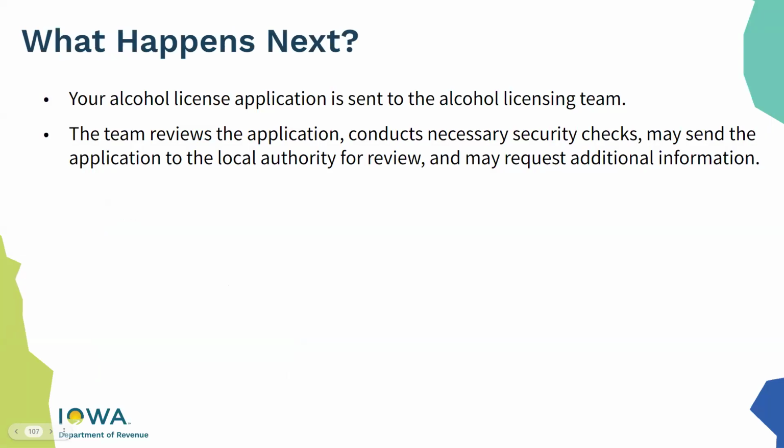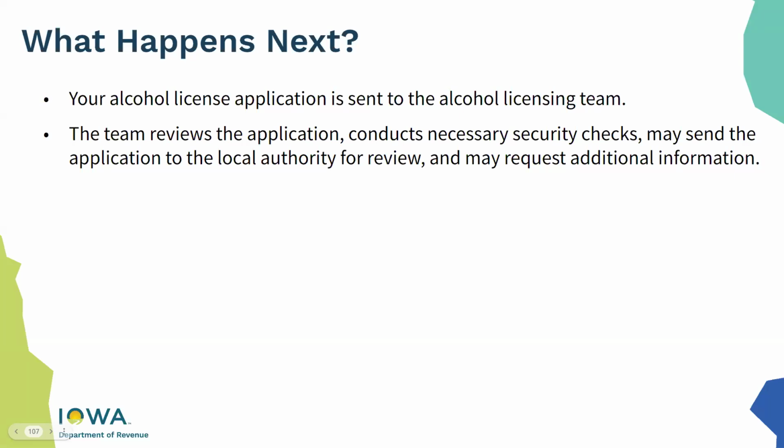What happens next? So after you've submitted your alcohol application, depending on the license type you've applied for, it might require a dram insurance company review and or local authority review. And then it will be sent to the alcohol licensing team though for final review and approval. The team reviews the application, conducts the necessary security checks, and may send the application to the local authority for further review or additional information.